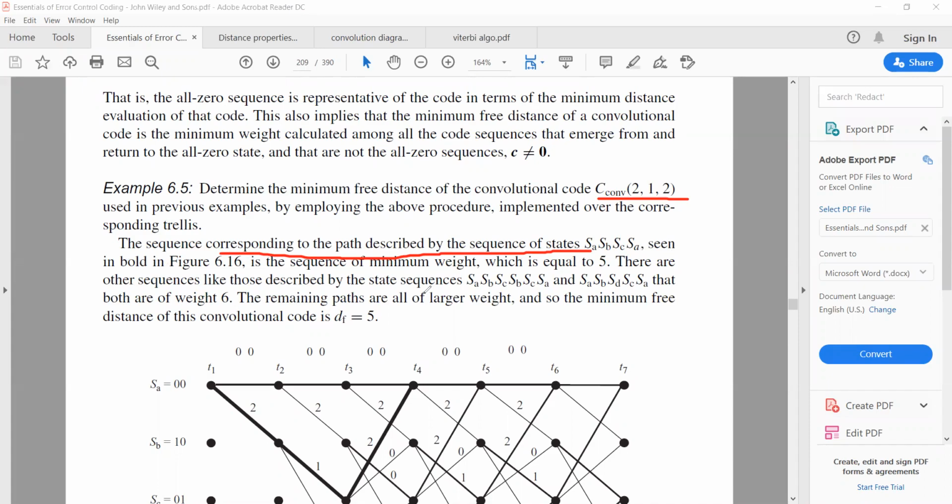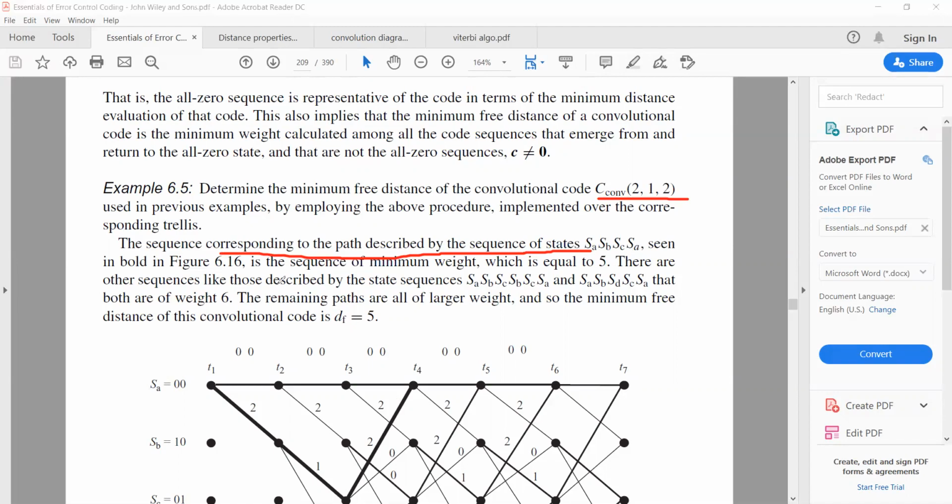Because you have to keep in mind always, I have told you that for calculating the minimum Hamming distance, you have to start from the all 0 state and arrive back at the all 0 state. So whether this is a state diagram procedure or a trellis diagram procedure, you always have to start from SA and come back to SA. So SA to SA. So here SA, SB, SC, SA.